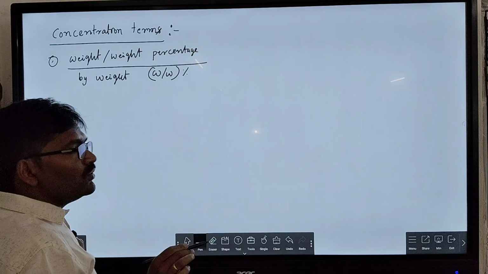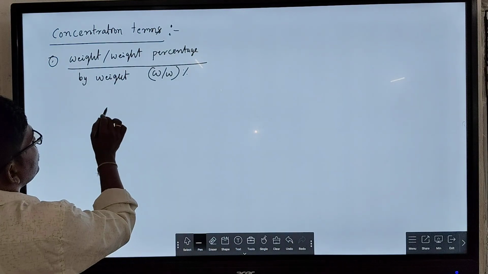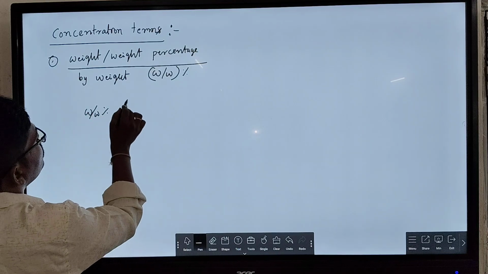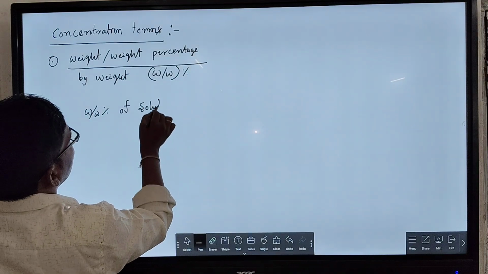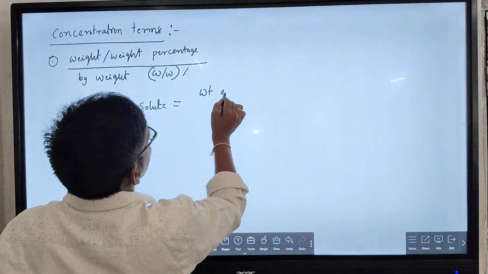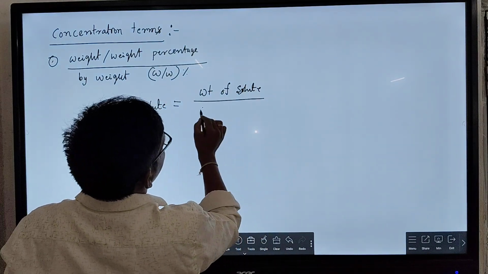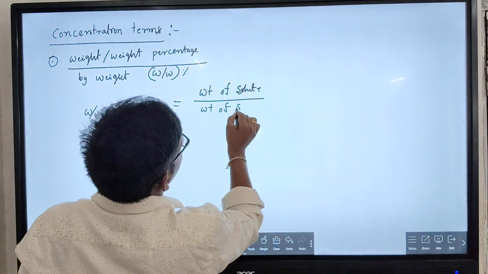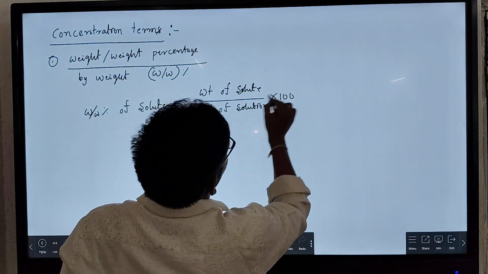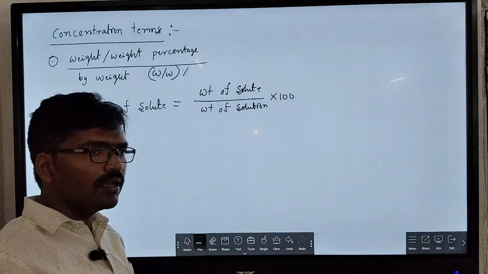Sir, how to find it out? If they ask for the weight by weight percentage of solute, how to find it out? Weight of solute divided by weight of solution into 100. By using this formula you have to find out the weight by weight percentage of solute or solvent.